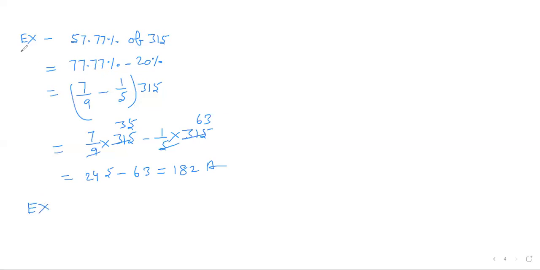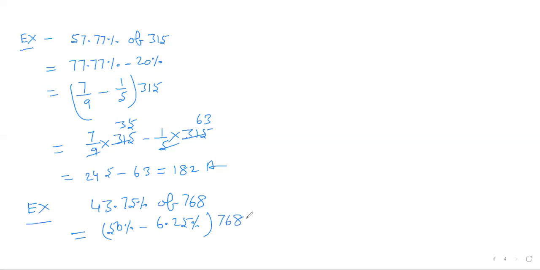One more example. 43.75% of 768. How can we solve? 50% minus 6.25% of 768.